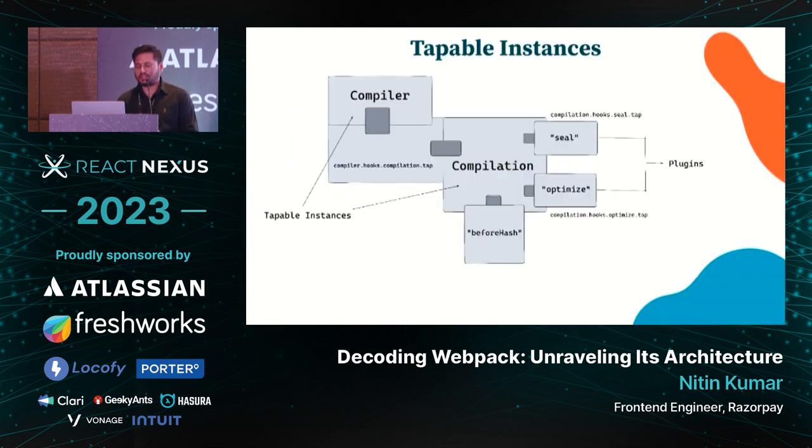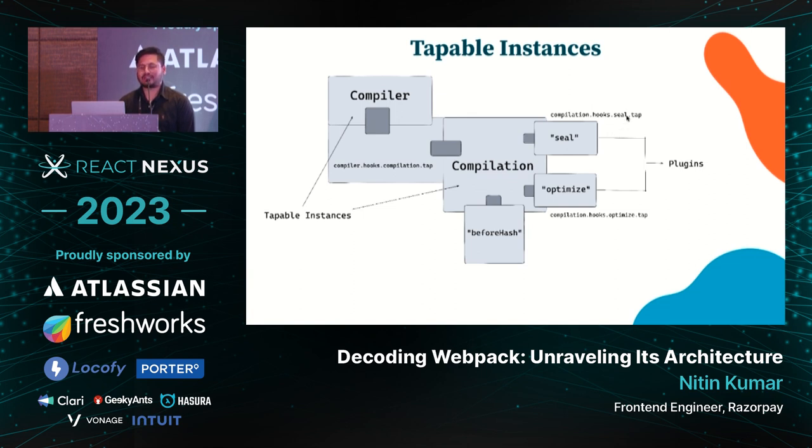I'm a little bad at drawing, but basically here I want to explain that to use the compilation hooks, we first need access to the compiler. When you have access to the compiler, you call the compilation hook, compiler.hooks.compilation. And then you have access to the compilation, and you can use the hooks that the compilation property exposes.